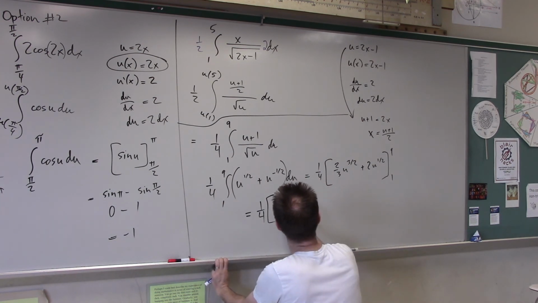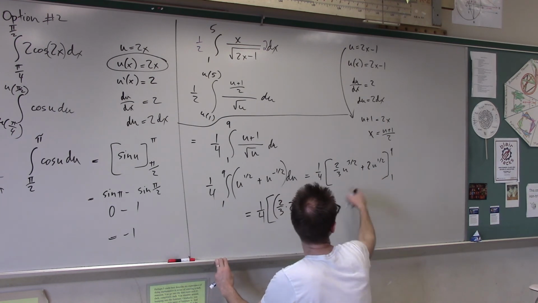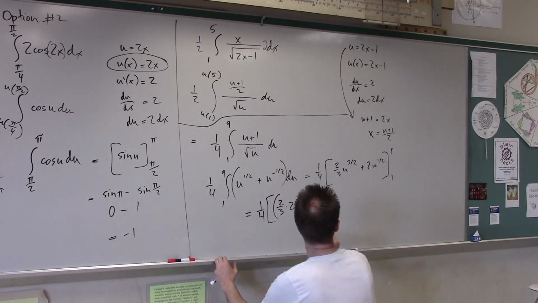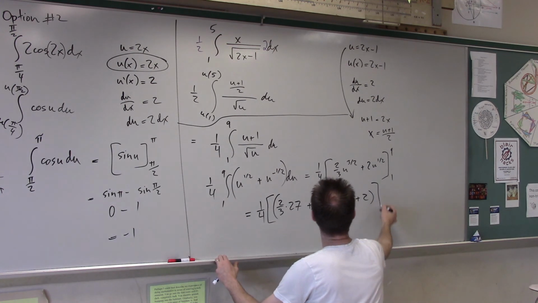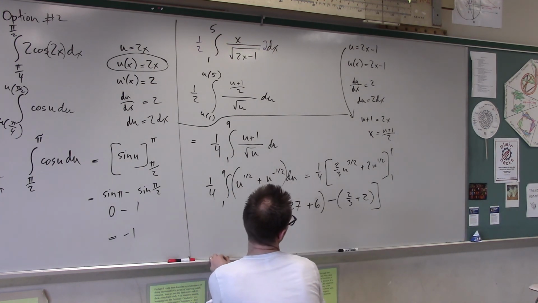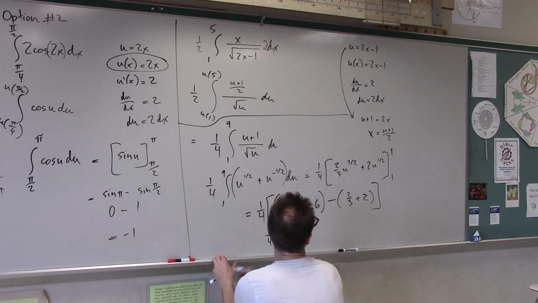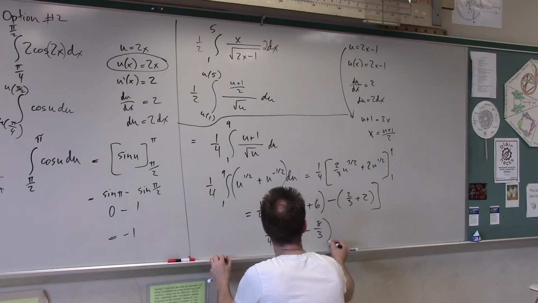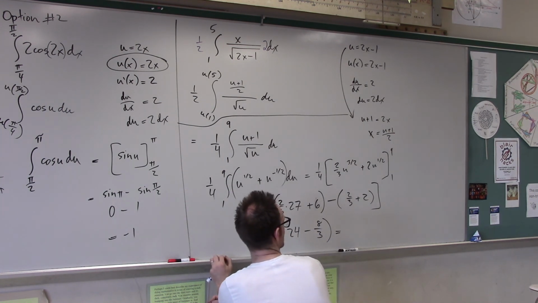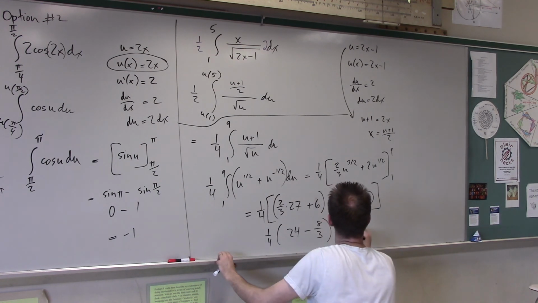What is 9 to the 3/2? It's like 27, and that's 18, minus 2/3 plus 2, so whatever that turns out to be. 1/4 times 24 minus 8/3. 72, I say 64/3.